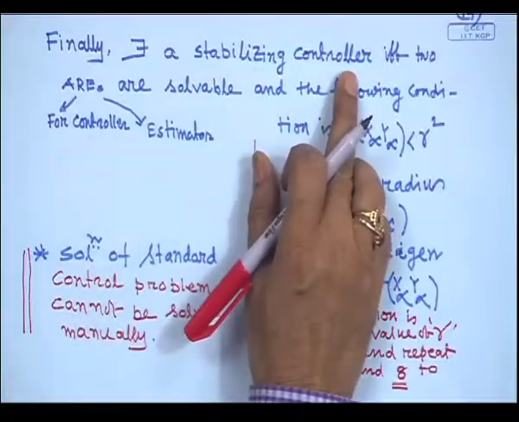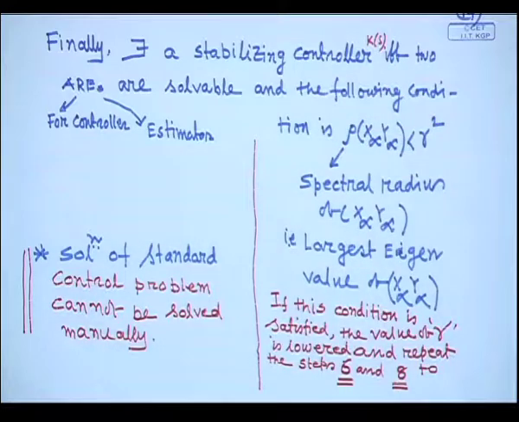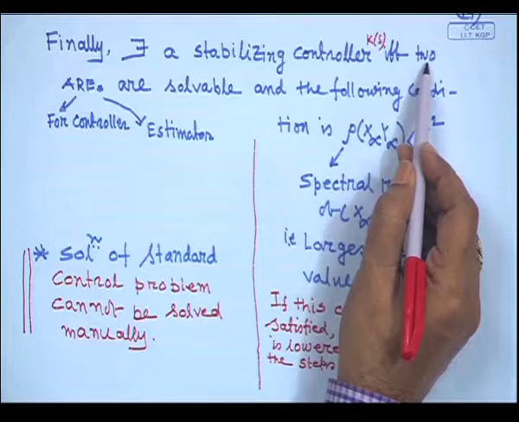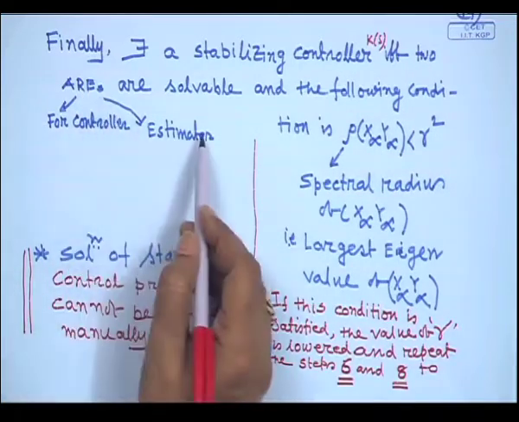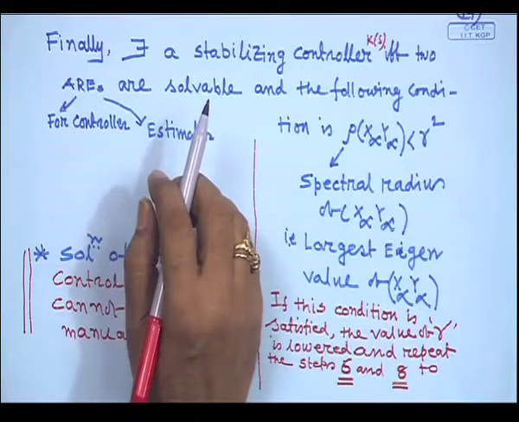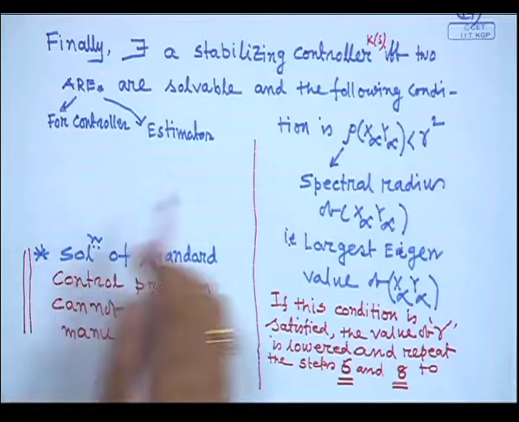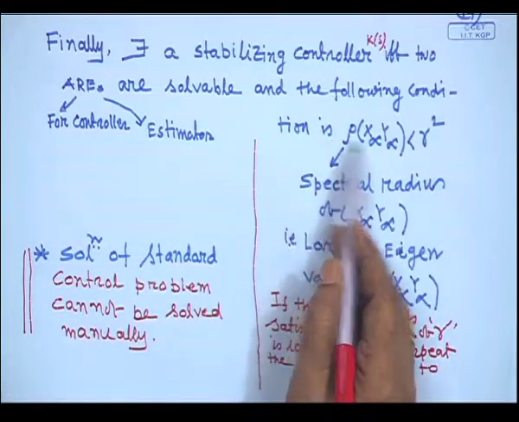Then finally, there exists a stabilizing controller K(s) if and only if, necessary and sufficient condition, two Riccati equations, one Riccati equation for the controller, another Riccati equation for the estimator, are solvable. They are solvable provided the assumptions which we made in the beginning of the solution of the problem are satisfied, and the following condition is satisfied.